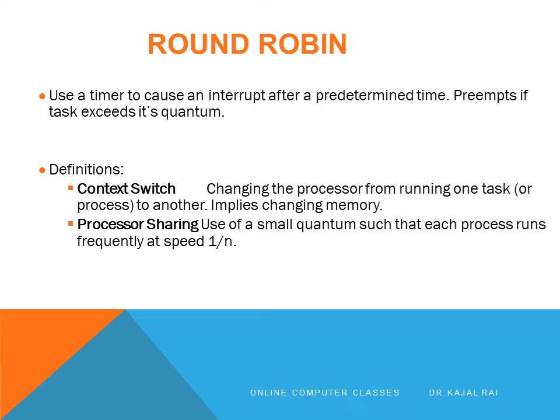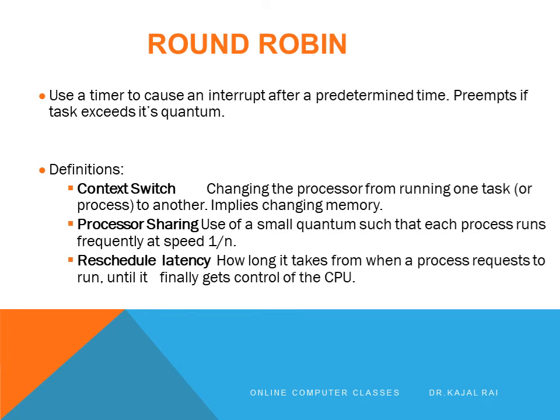We have to keep the quantum a small amount of time, otherwise all the processes will not get the CPU. So we keep it very small, so the user will not get to know that the processes are not getting the CPU. It frequently goes from one process to another, so it should be very small.